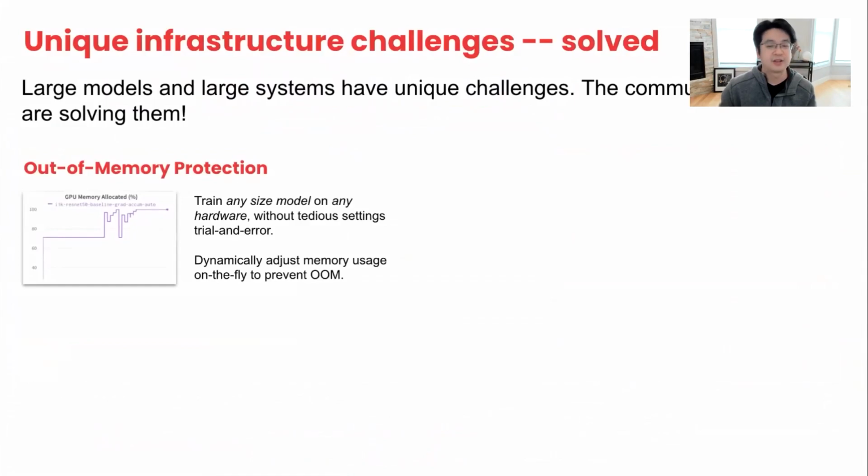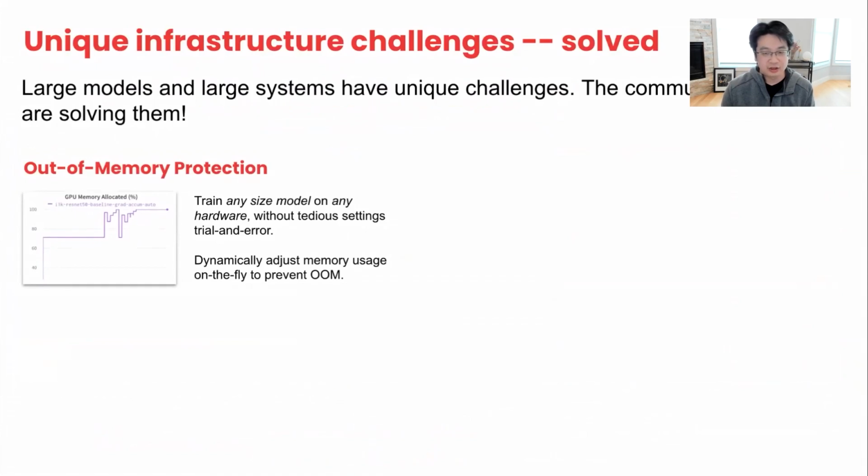These are a bane of existence for large language models because they're too large to fit on a single GPU, and you often spend time tweaking all the different settings, like gradient accumulation, how many GPUs you need, what size of model you want. That makes it very tedious. We've implemented automatic protection, and what this means is that with our full stack code base, we'll dynamically adjust the gradient accumulation on the fly to prevent out-of-memory errors.